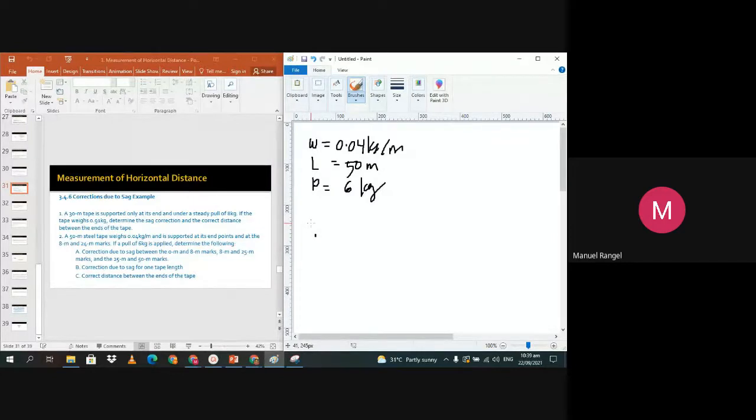So this is at 0.0 support, and another at 25. Then at 8 meters, and another at 50.